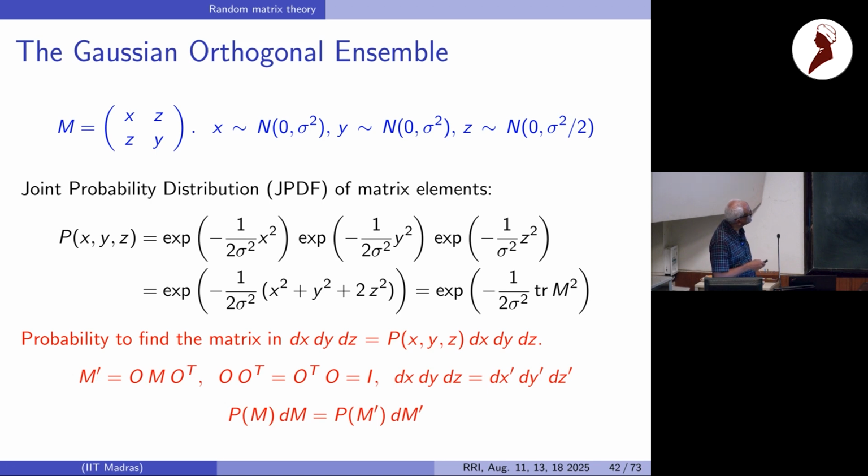It does not consist of orthogonal matrices, please note. It consists of only real symmetric matrices, and it's called Gaussian, of course, because the elements are Gaussian distributed. Gaussians are also very natural, otherwise you won't get trace of M squared. Actually, Gaussians are in some sense again from rotational symmetry.